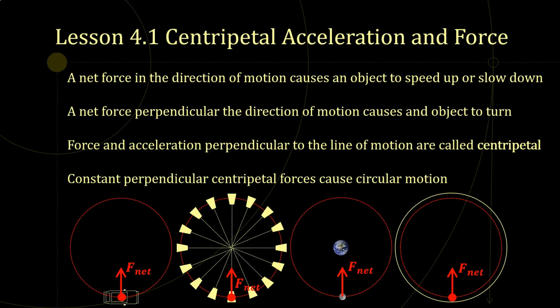There can be a sum of forces that point toward the center of a circle, and the sum of those forces equals the net force that is the centripetal force. That does happen sometimes. A lot of the problems we're going to work, though, are just going to have a single force pointing toward the center of the circle, not a vector sum of forces perpendicular to the direction of motion that cause the centripetal force.